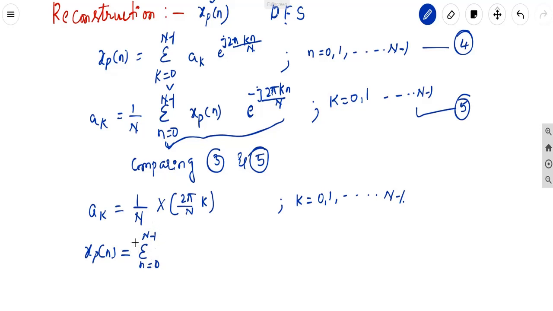The 1 by N I'm going to write outside, and this becomes X of 2 pi by N k e to the power of plus j 2 pi by N k n. So n is already defined here. We will define k is equal to 0, 1, ..., N minus 1.